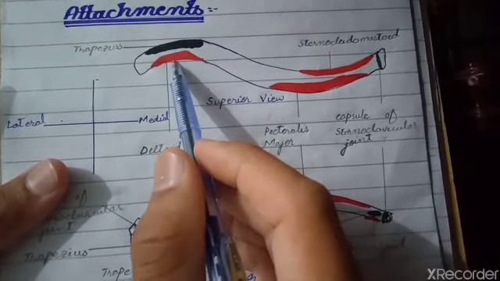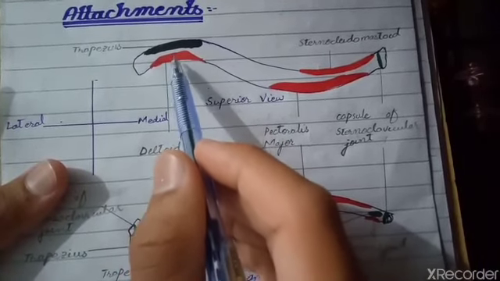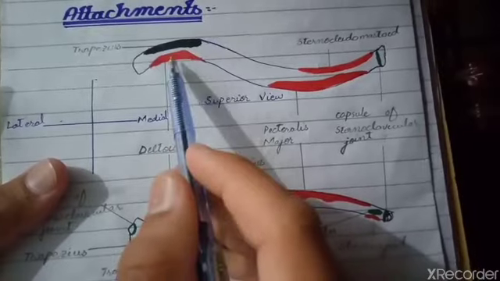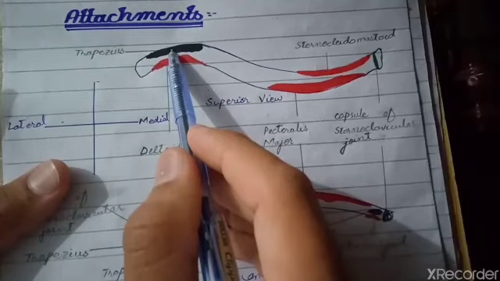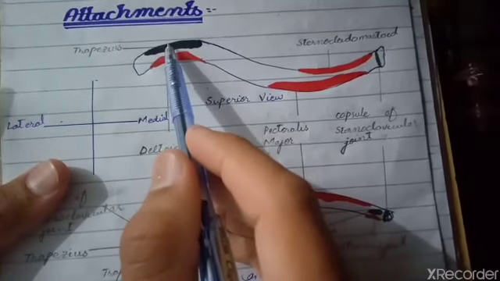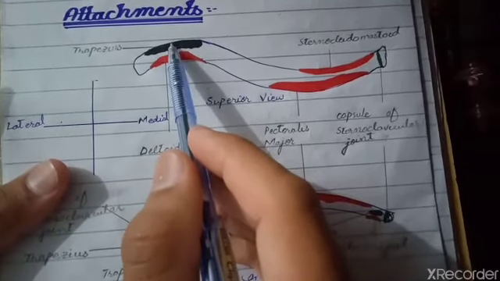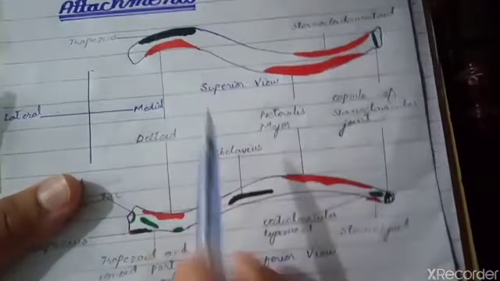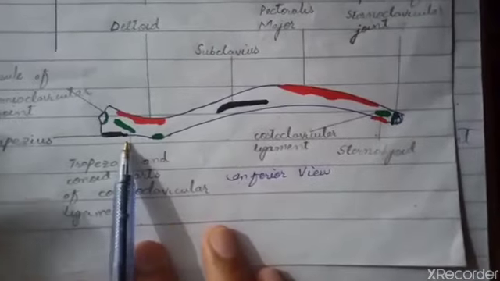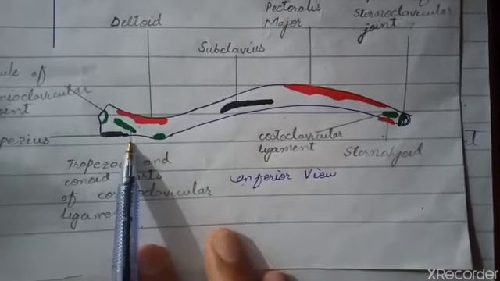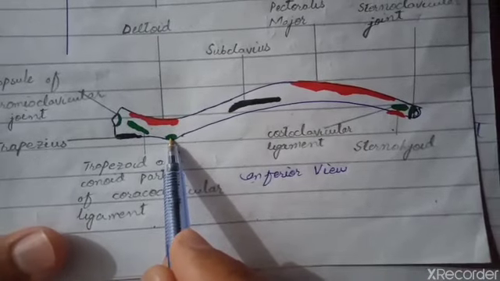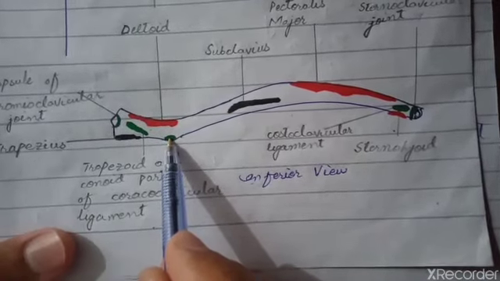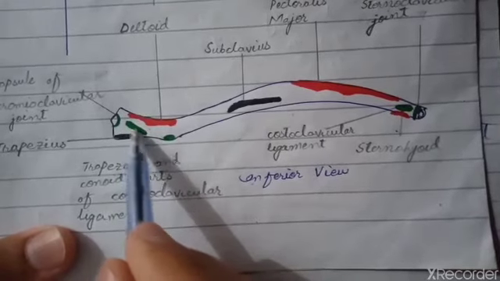The anterior side of the lateral 1/3 gives origin to the deltoid muscle, while the posterior side of the lateral 1/3 gives insertion to the trapezius muscle. When we look at the lateral end from the inferior view, we observe the conoid tubercle and trapezoid ridge, as I have mentioned in structure.